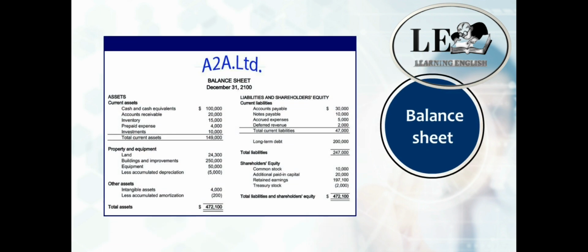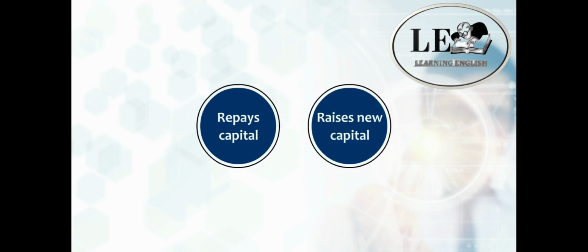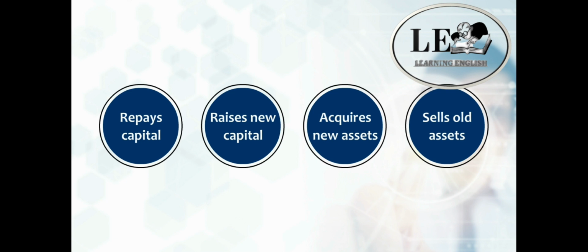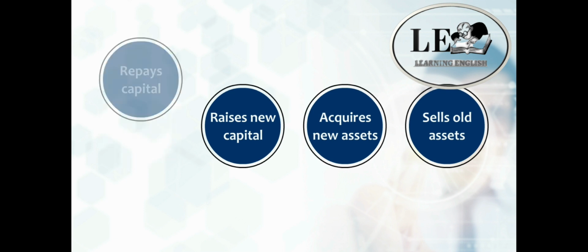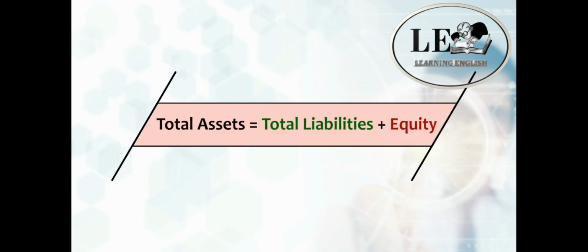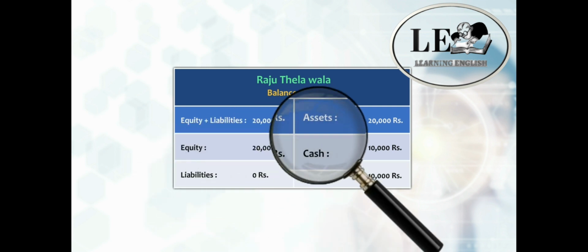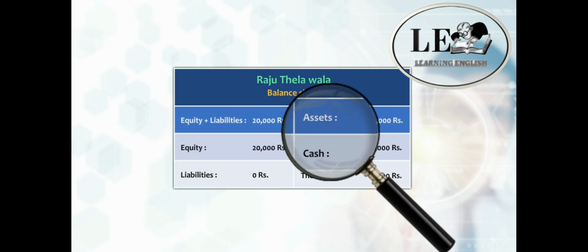A balance sheet changes all during the year as a business repays capital, raises new capital, acquires new assets, and sells old assets. However, at all times, total assets must equal total liabilities plus equity. Equity and liabilities come first in a balance sheet, followed by assets.